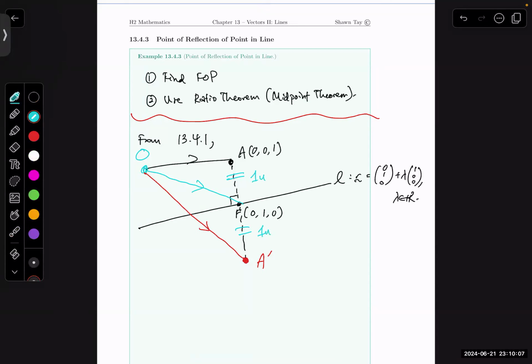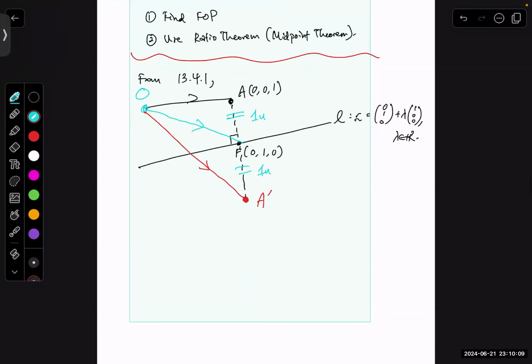Okay. So what we do is, using ratio theorem, or you can call it midpoint theorem in this special case. Okay, then we just write it out. Ratio theorem tells us how to find the middle point, right? So let's write it out first. Middle point, I take this number, multiply to that side.